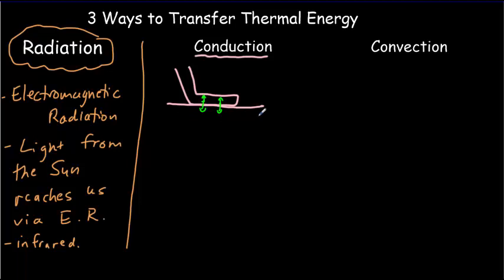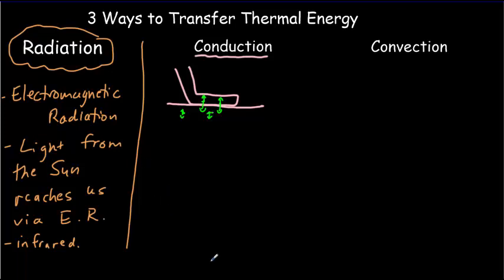Whereas the molecules in the cool table have smaller vibrations. But when those big vibrations are right up next against the small vibrations, the small ones get bigger and the big vibrations get smaller. And that is to say that heat's being transferred from my hand to the table via conduction.